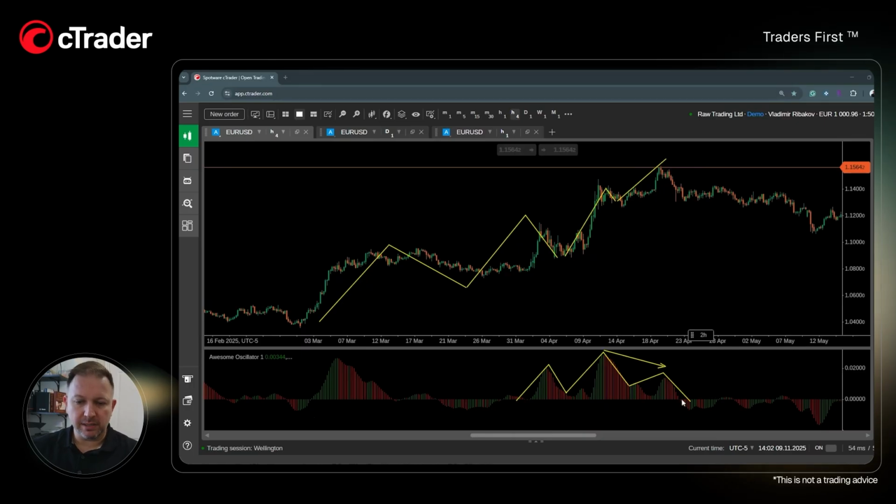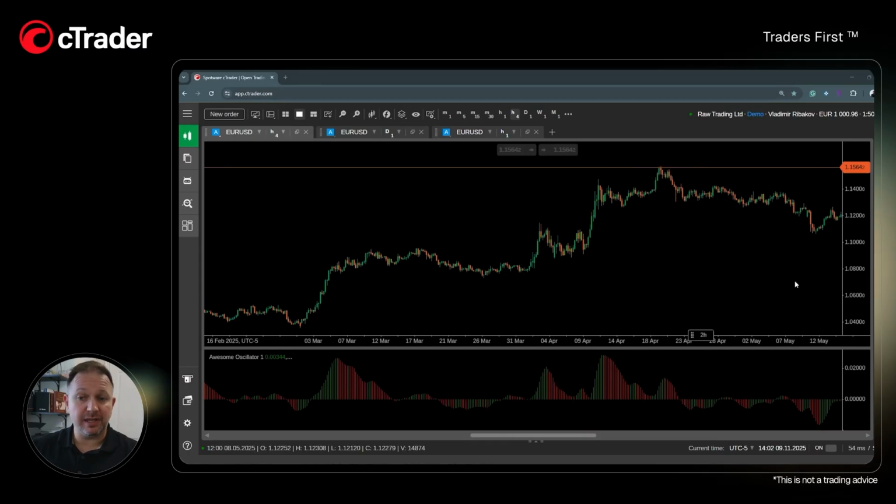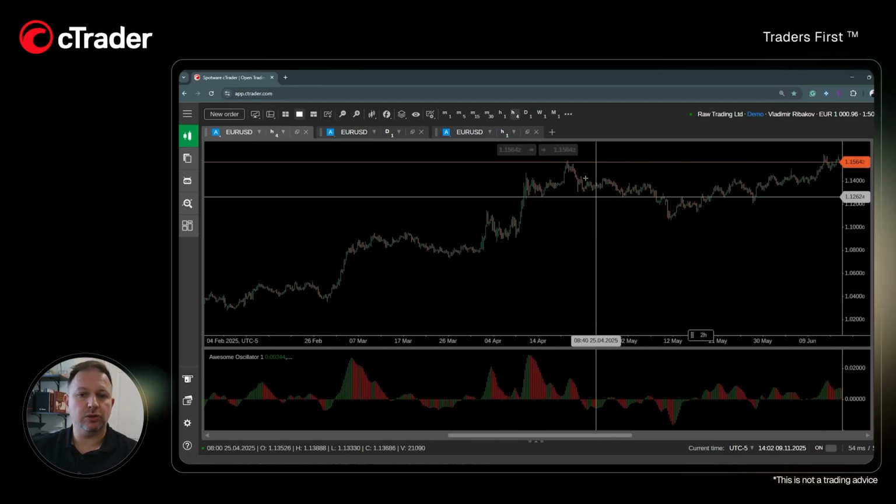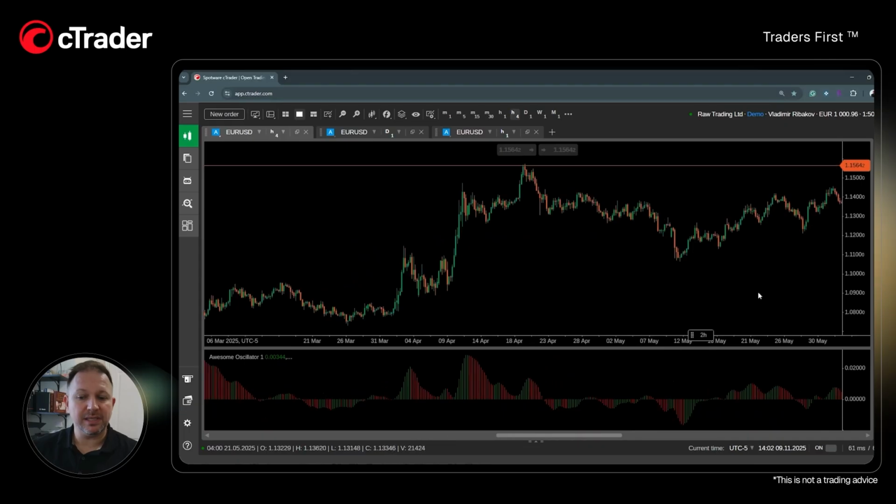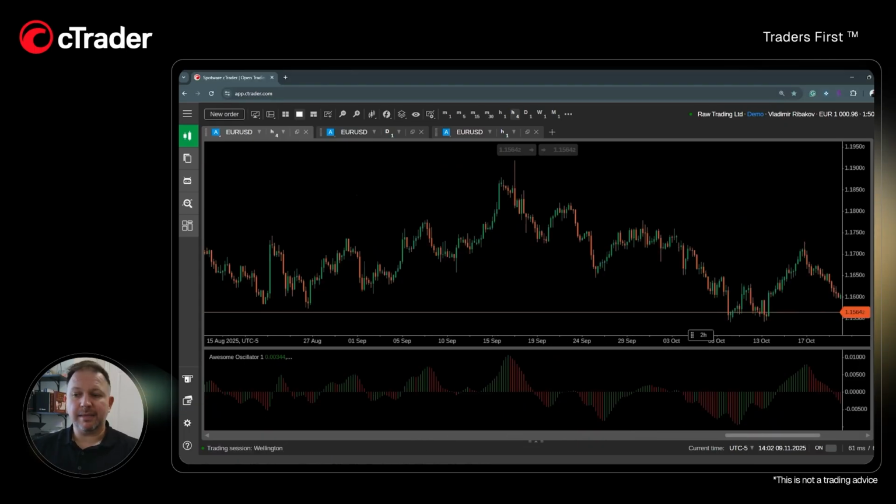Once this crosses to the downside, this is a great sign that with very high probability the market is going to make a correction, or many times even a trend change. The same could be applied to the opposite direction at the end of a move down.